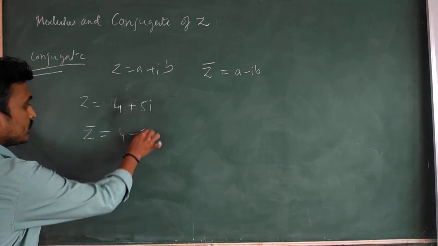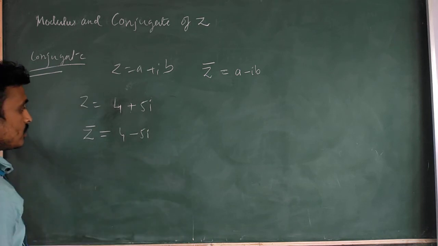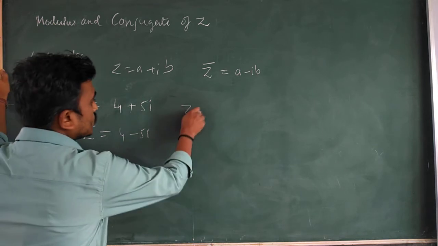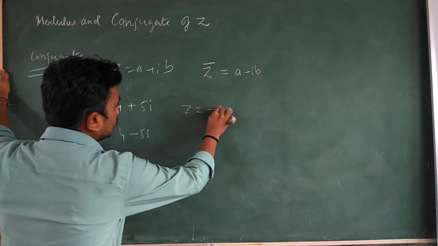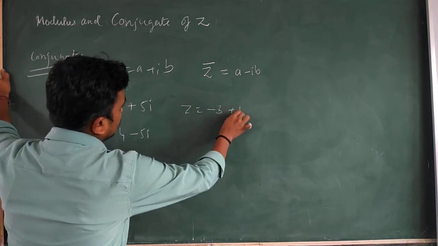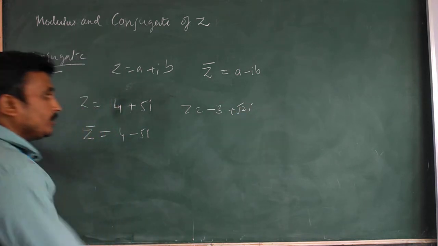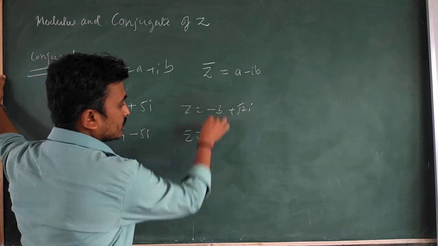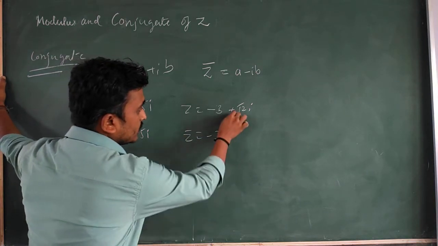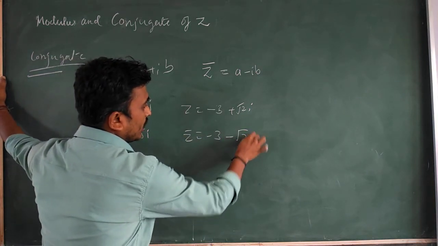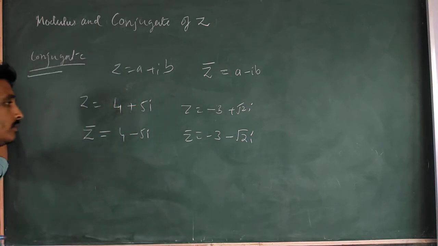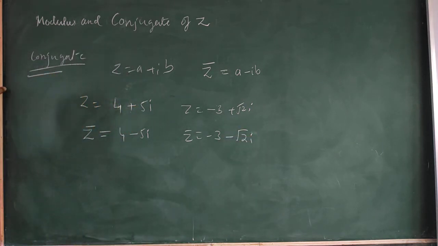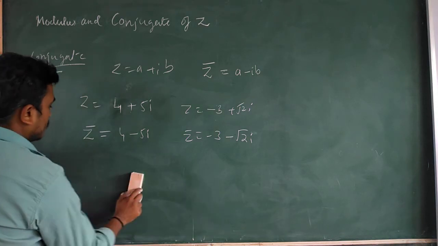Another one: z equals minus 3 plus root 2i, then z bar equals minus 3 minus root 2i. Keep the real part as it is; the sign changes for root 2i.